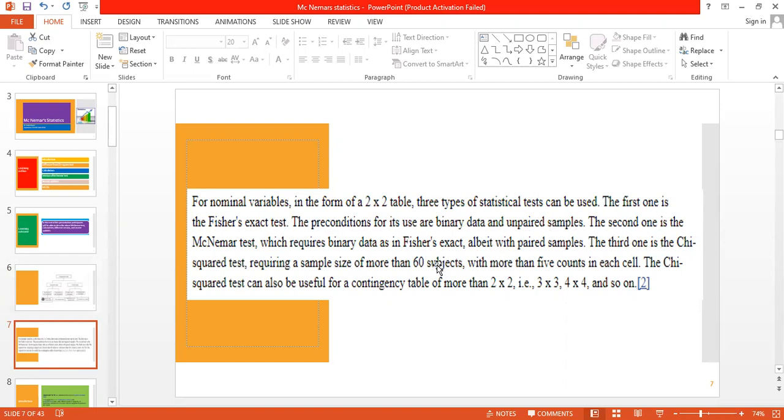The third one is the chi-square test, requiring a sample size of more than 60 subjects with more than 5 counts in each cell. The chi-square test can also be useful for a contingency table larger than 2 by 2, such as 3 by 3, 4 by 4, and so on.